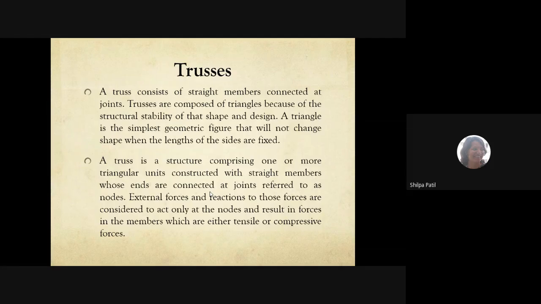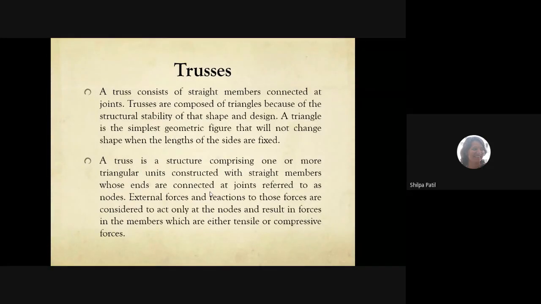Sometimes you can see a rectangular truss, a square truss, a trapezoidal shape of a truss, but the most commonly used shape of a truss is a triangle, because a triangle is a very basic geometrical shape, which is a stable shape. And when the lengths of the sides are fixed, normally the geometry of the triangle does not change. So it is a very simple geometry, and widely used for making trusses.